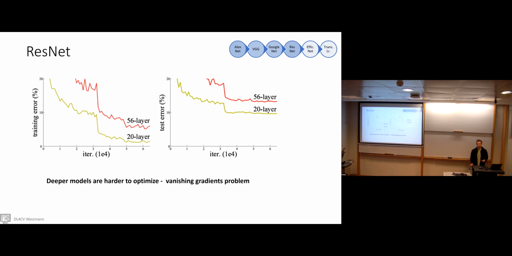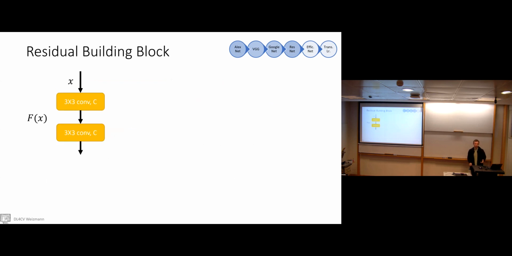For example, if you just replace the remaining 36 layers with identity mappings that do nothing, it will be a 56-layer neural network, and it will perform as well as 20 layers. So it seems to be an optimization problem. Based on that, they tried to design a building block that will allow for optimization of very, very deep neural networks. So they introduced a residual building block for neural networks.